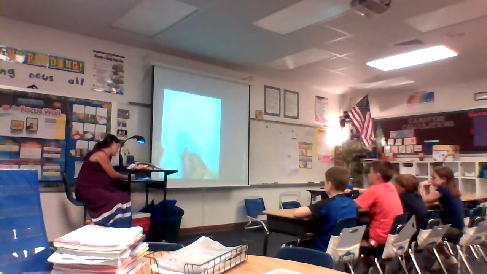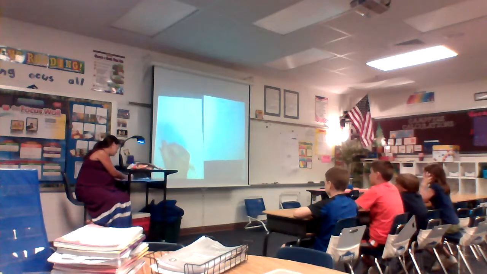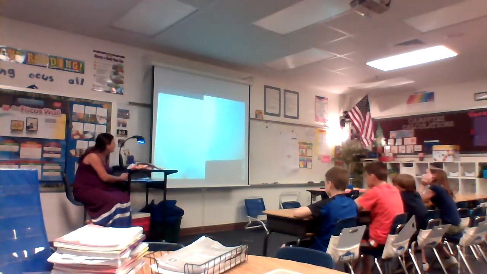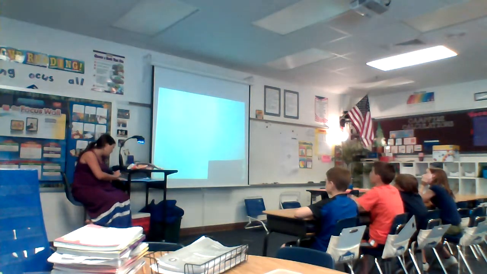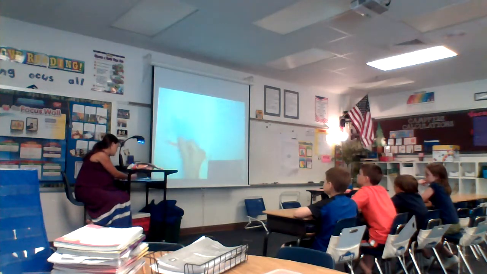So the first thing would be to get two pieces of paper. Okay. Can y'all see that? Sort of. The bottom is your horizontal axis, and this one going vertical is your vertical axis.